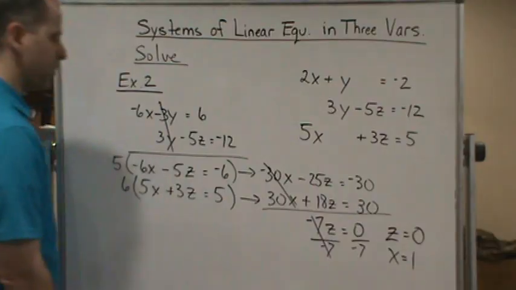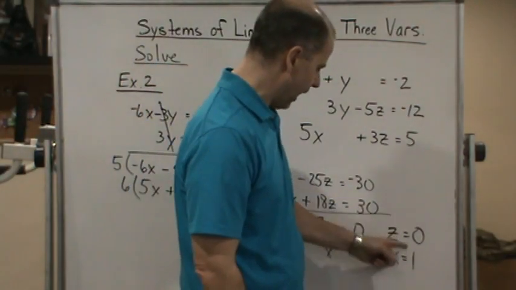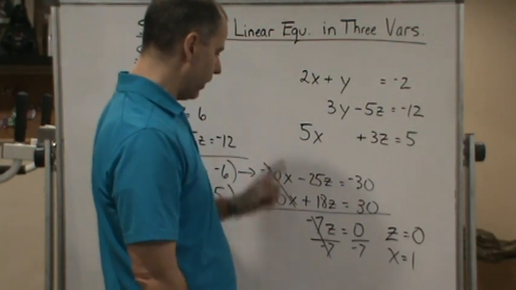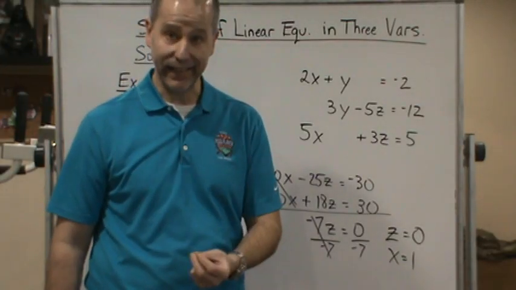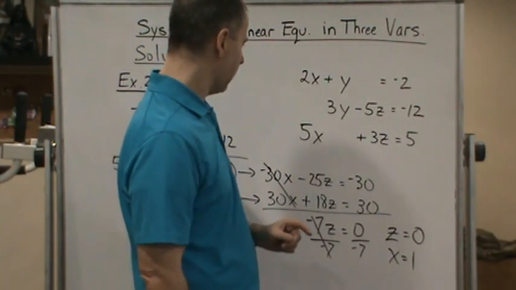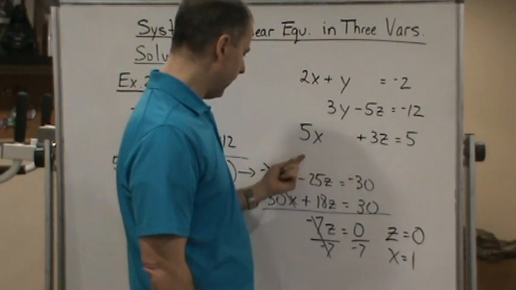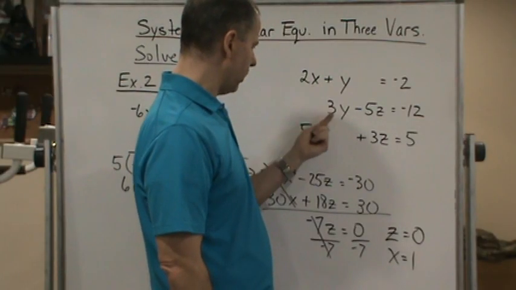So now we've got our two variables. And so now what we're going to do is we're going to take these two values and plug them into any one of the three. Now here's the thing. We got to plug into an equation that has y in it. Okay, so in this case here, this one isn't going to work, right? If we plug it in, all we're going to get is a true statement. So we either need to plug it into this one or this one.